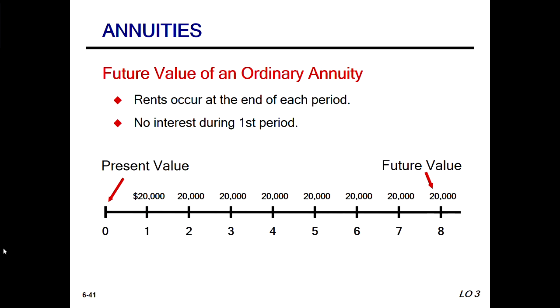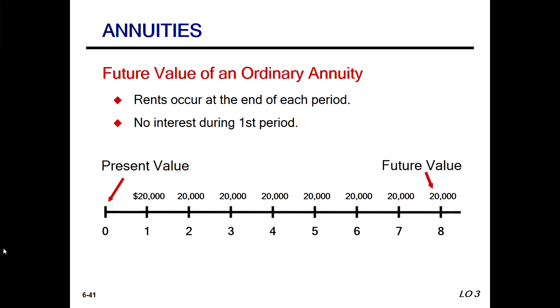So the first one we're going to talk about is the future value of an ordinary annuity. So these are the payments that happen at the end of the period. So there's no interest during the first period here, no interest during this period. And so if we can figure out the present value or the future value, what we're going to do is figure out the future value.